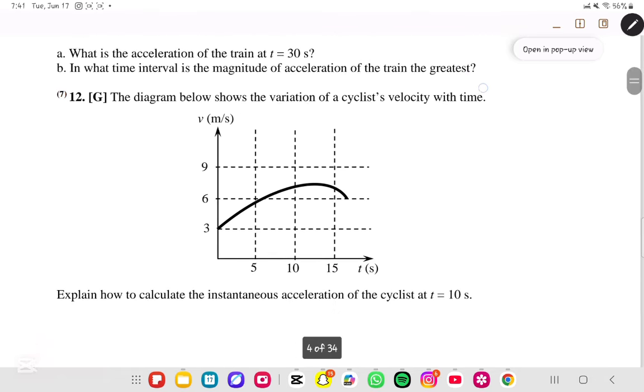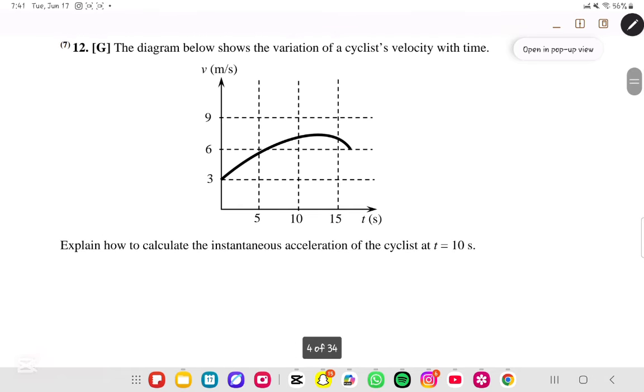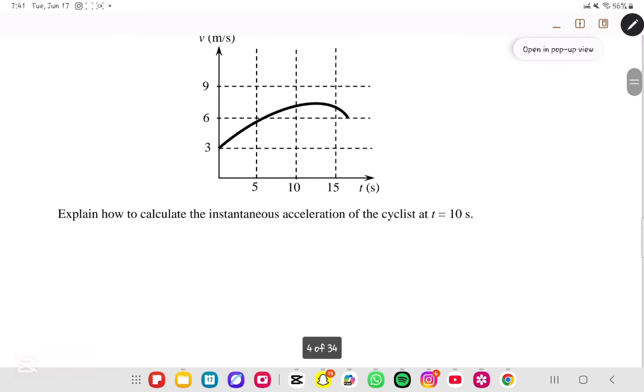Now we will move on to question number 12 grid. It says, the diagram below shows the variation of a cyclist's velocity with time. They said, explain how to calculate the instantaneous acceleration of the cyclist at time 10 seconds. Now pay attention, they want the instantaneous acceleration and not the average acceleration.